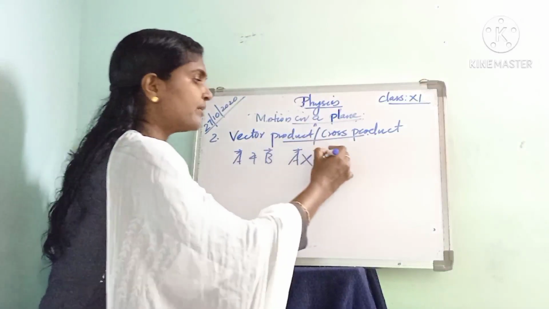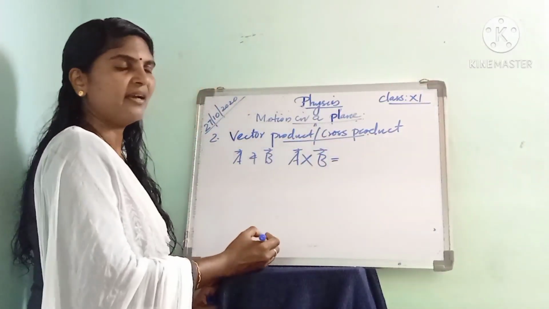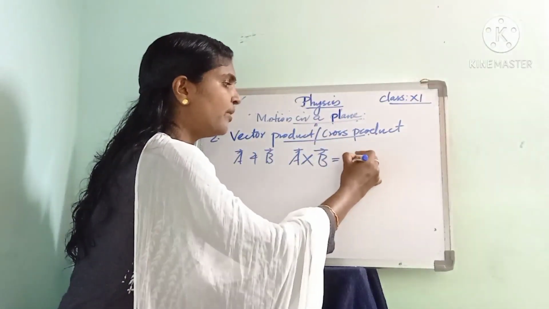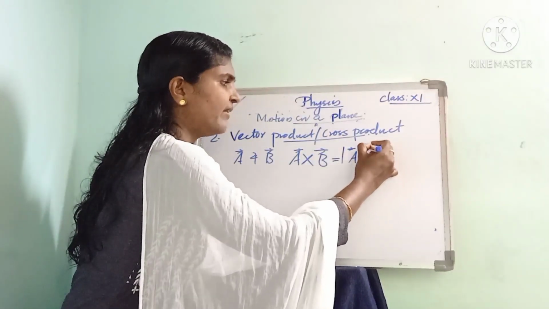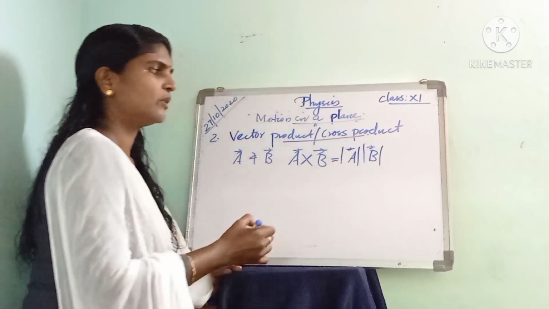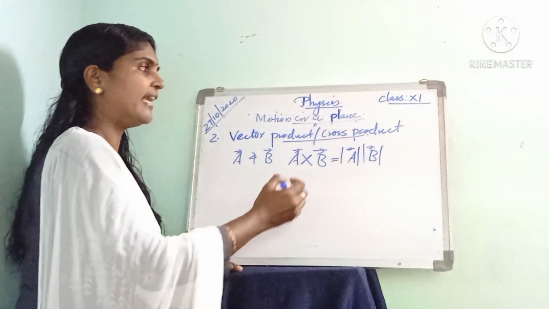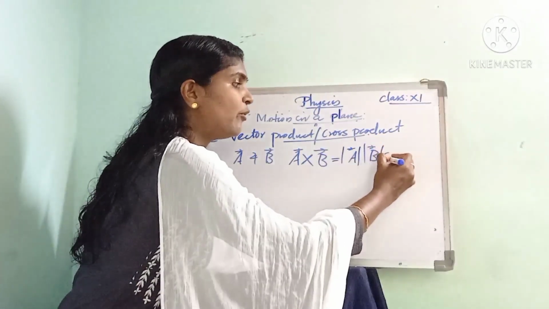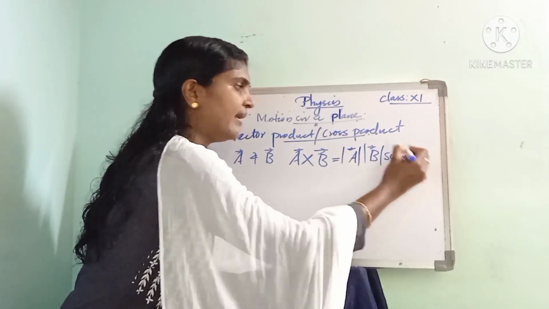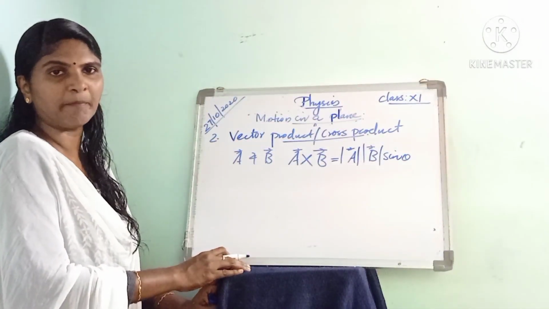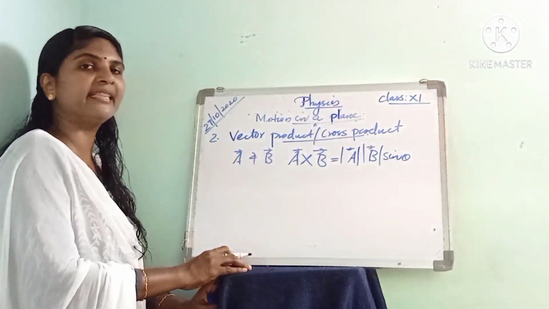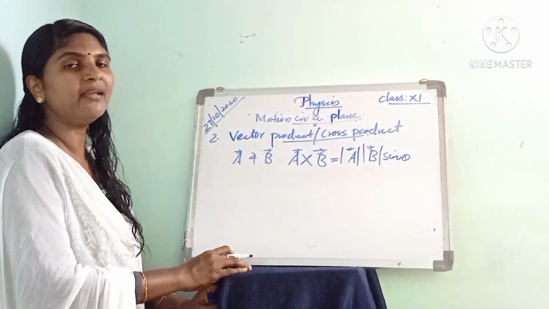So A cross B can be represented as: first write the modulus of vector A, then the modulus of vector B. Then we have to take the sine of the angle between A and B. In the dot product we took the cosine of the angle between A and B, but here we take the sine of the angle between the two vectors.